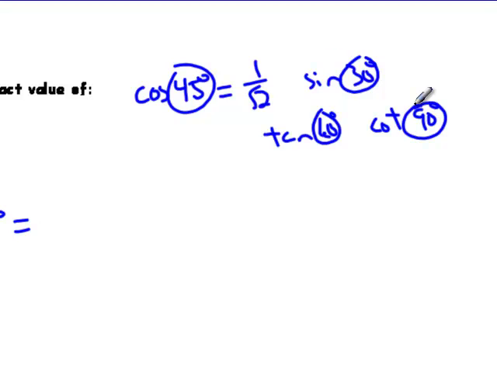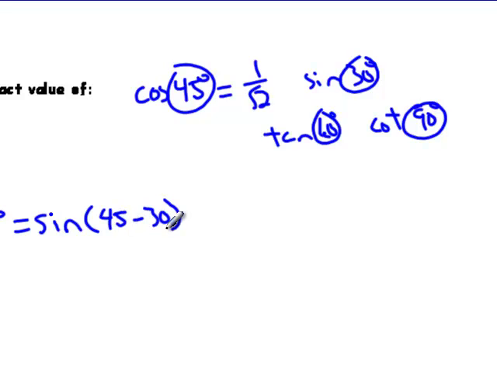So if you can figure out how to use your 30s and your 45s and your 60s and your 90s as a combination to come up with 15 degrees, then you can use your formula chart. So one example would be, this is the same thing as the sine of 45 minus 30, because 45 minus 30 is 15.